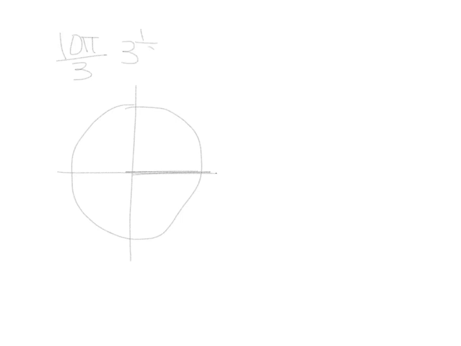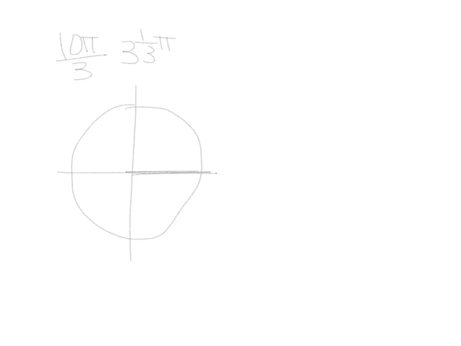Let's take an angle. We're going to have 10 pi over 3. Draw this angle. Well, the first thing to draw this, change that 10 over 3 into 3 1/3 pi.